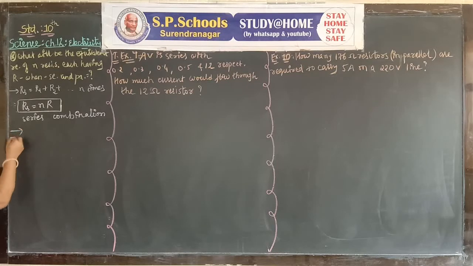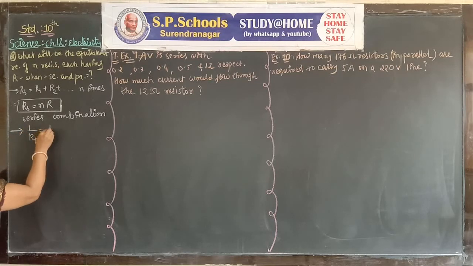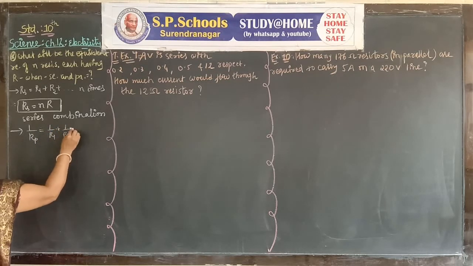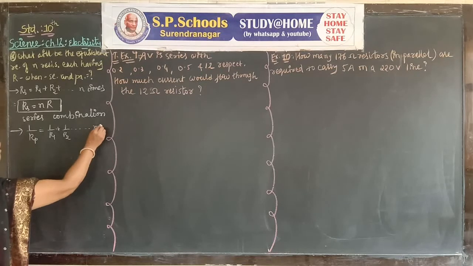But what about parallel combination? 1 upon Rp is equal to 1 upon R1 plus 1 upon R2 plus up to n times.